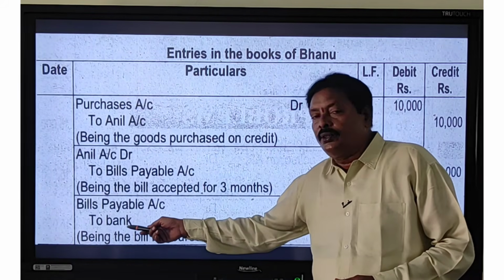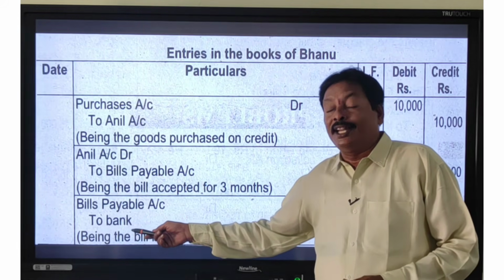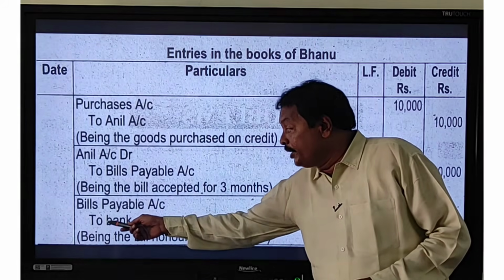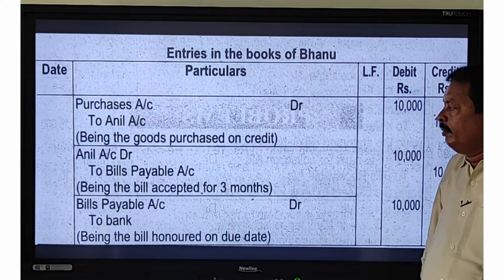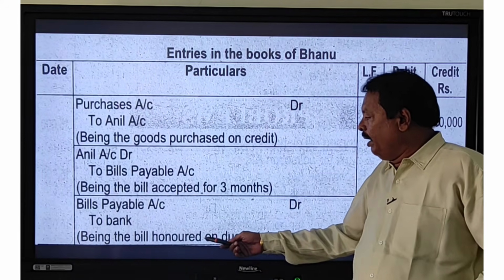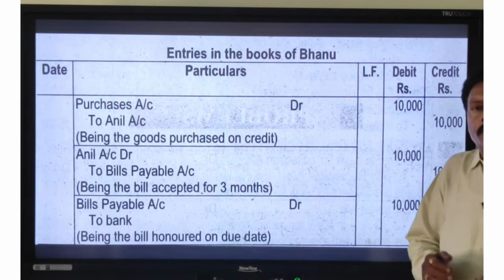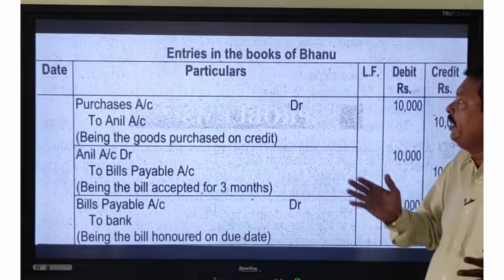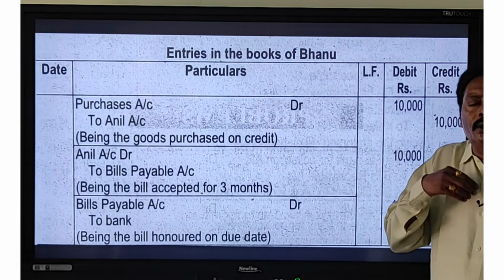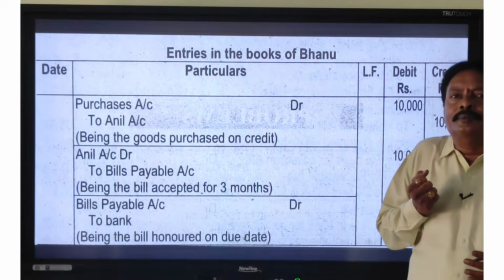We pay the amount. This is the real account. Credit what goes out. Here cash goes out. That's why we have to credit bank or cash. Being the bill honored on due date. For the final settlement, when the bill is honored by Banu, Banu simply paid the cash and got back the bill.